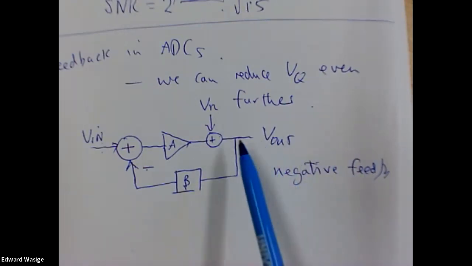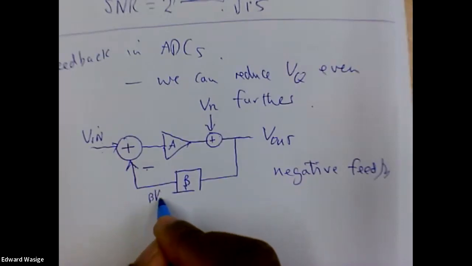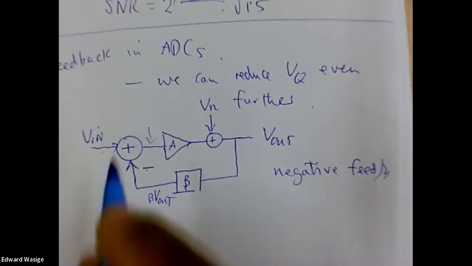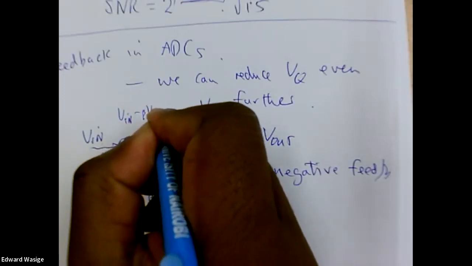If this is the output signal V out, the signal here will be beta times V out. We scale it by a value beta, and the signal at that point will be V in minus beta times V out.